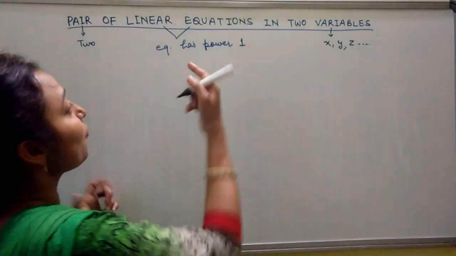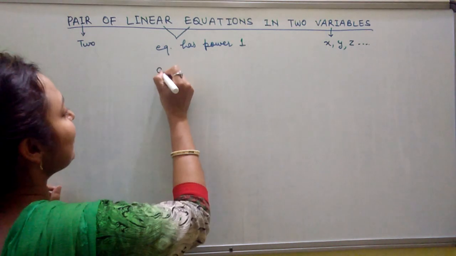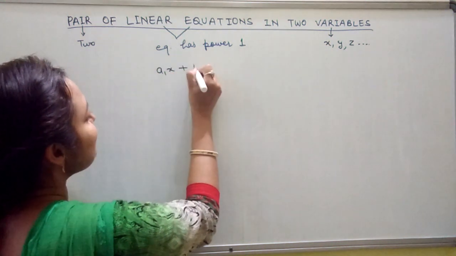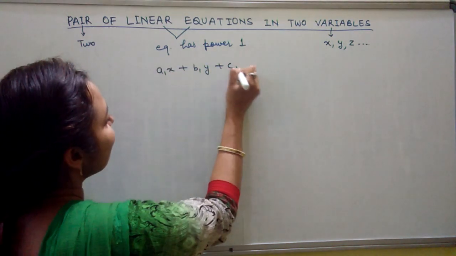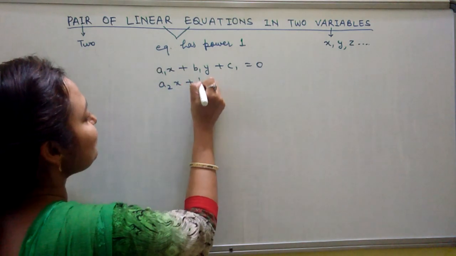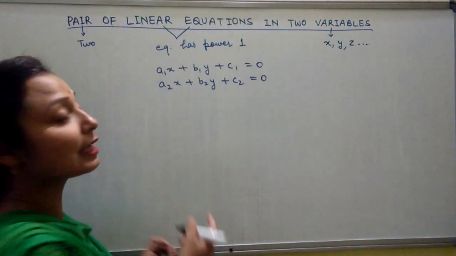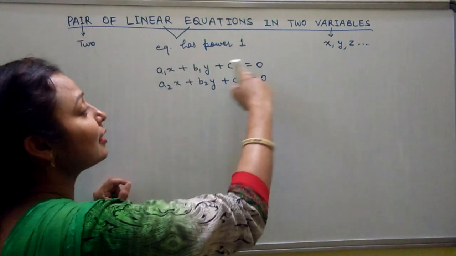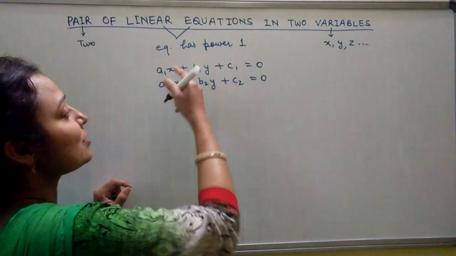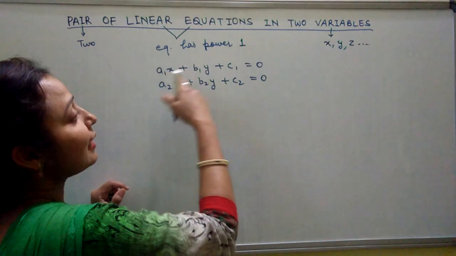Okay, so what is the meaning of pair? Pair means two. That means if one equation is a1x plus b1y plus c1 equals 0 and the other one is a2x plus b2y plus c2 equals 0, we can say that these are a pair of linear equations, because they have power 1 in two variables, x and y.